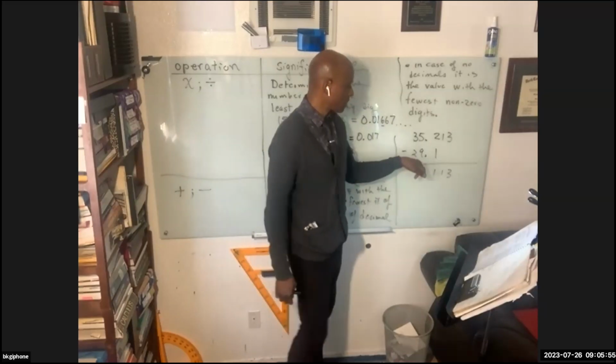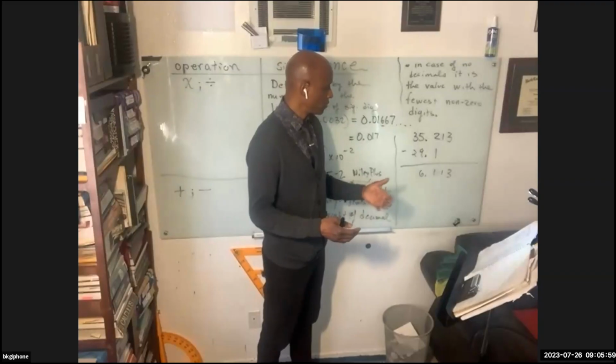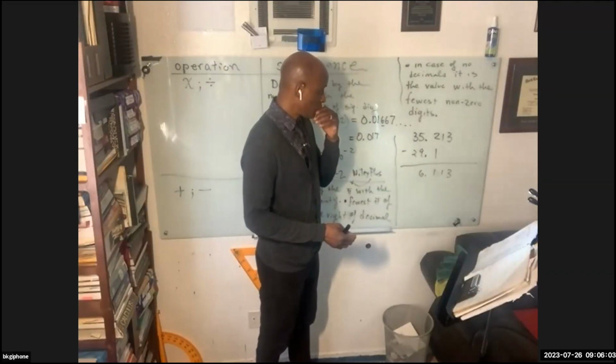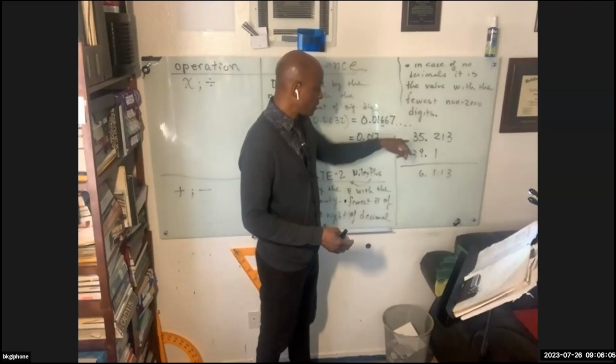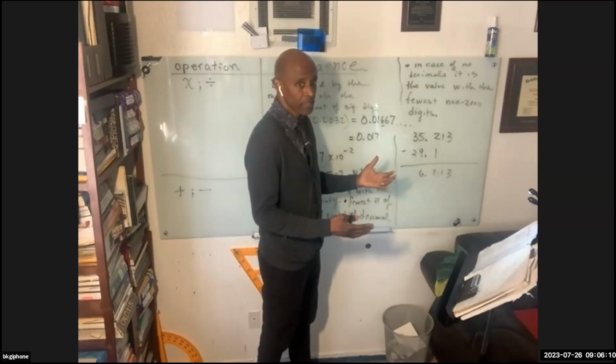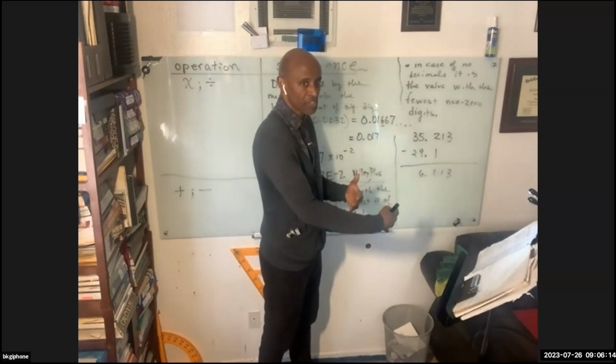And this number, 29.1, is only correct or certain to the tenths of a decimal place.